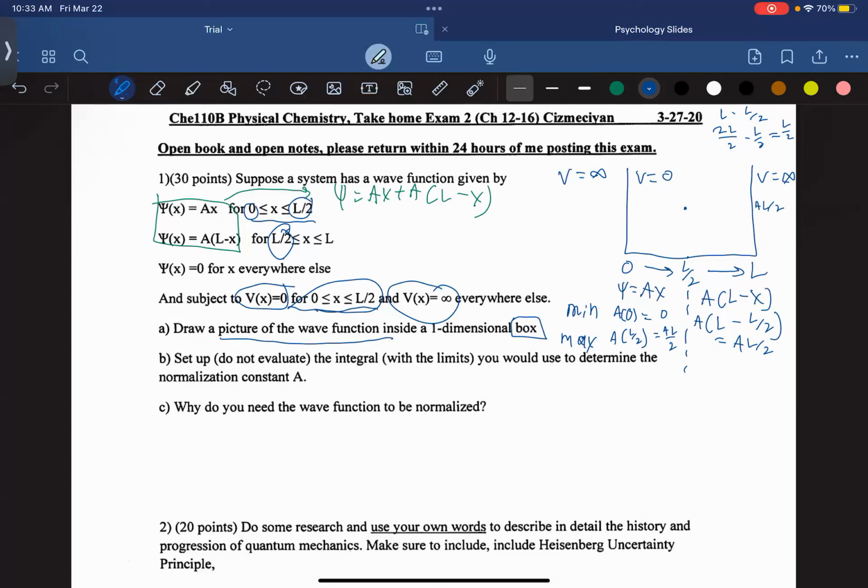You probably don't have to write that, but you can just note it. I'd actually probably write it closer to the dot. And then for our maximum x, we have a(L minus L), which is going to be equal to 0. Right, so then it's going to go from 0 up to there, and then on this side from 0 up to there. So that would be how I draw it.